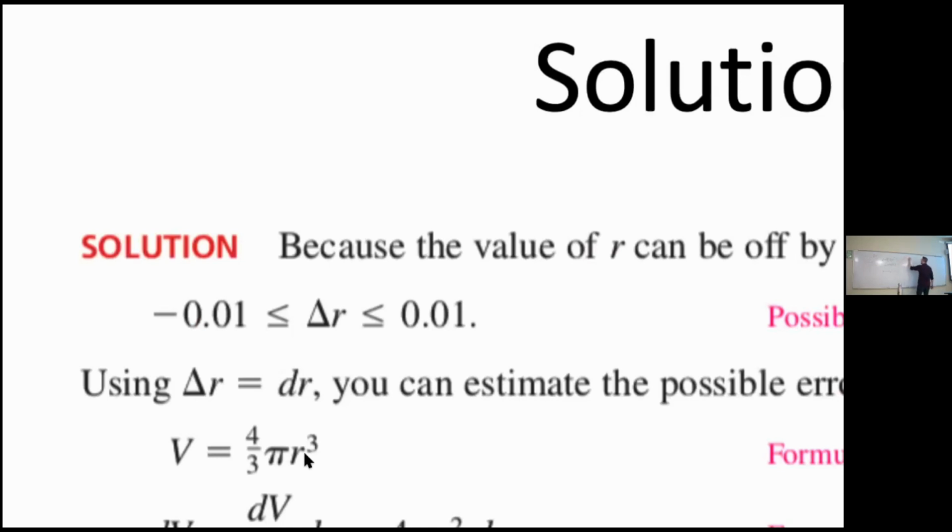This thing's going to be 4 pi r squared. So dV is going to be 4 pi r squared times dr. Agreed?